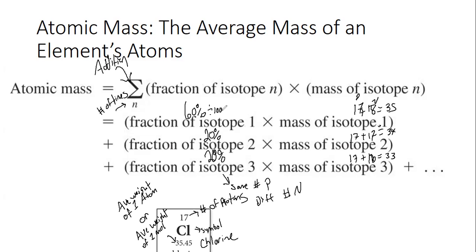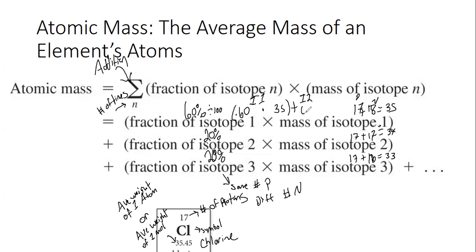So to get the atomic mass of this made up example, I'm going to take 0.60, which is 60 divided by 100, multiplied by the mass, which is 35, plus, that's where this sigma is coming in. It's saying, do this for each isotope and add up your results. Plus, so this is isotope 1, plus isotope 2.